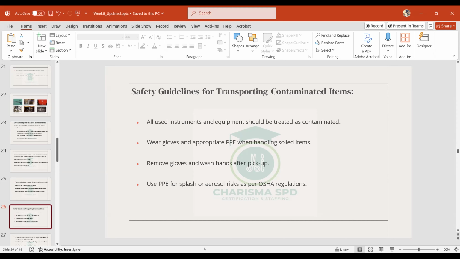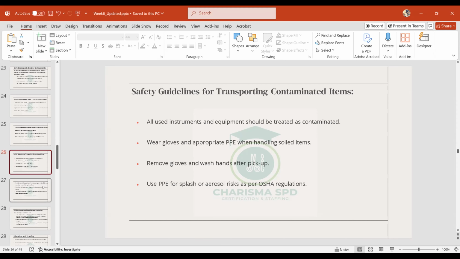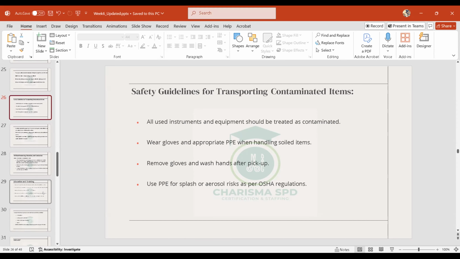You have to wear a facial shield where there are going to be some splashes. You have to put on the shield so that if there's any splash, it will not go into your eyes, your nose, your mouth, which would be a portal of entry for that microorganism.